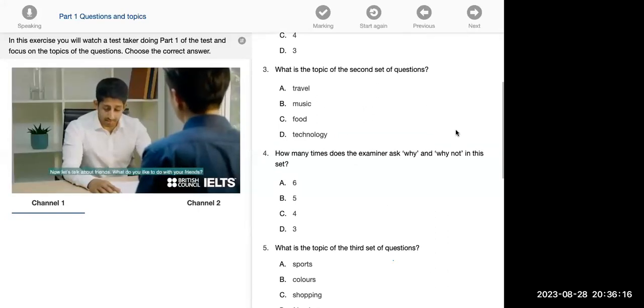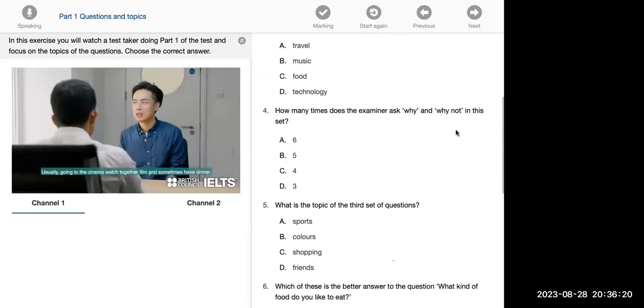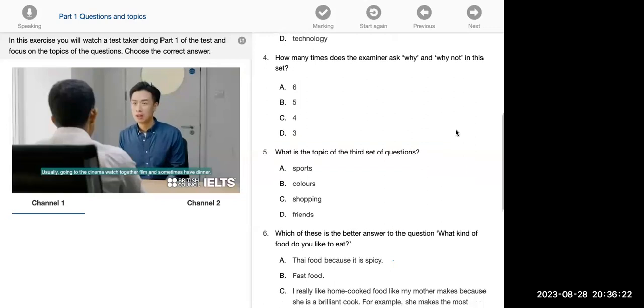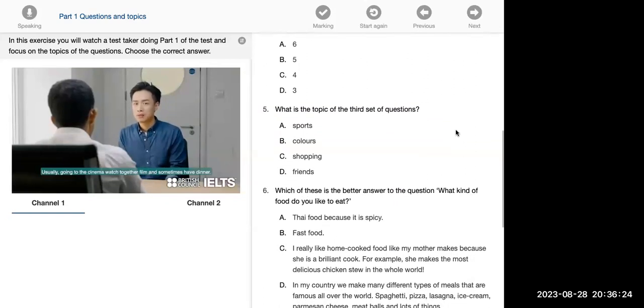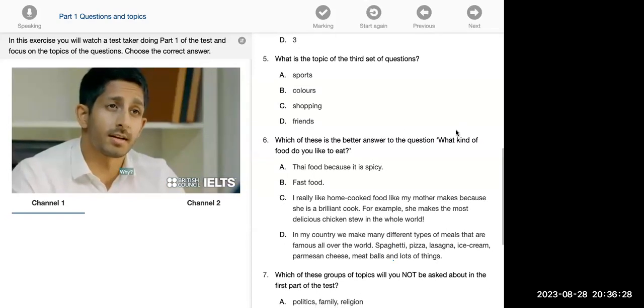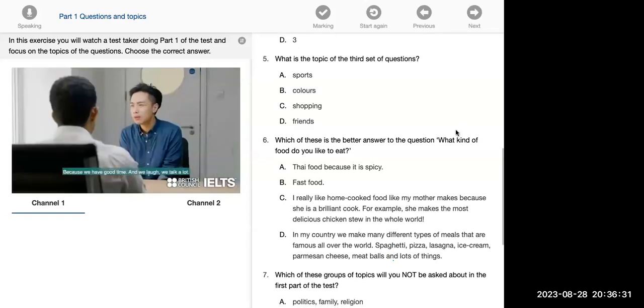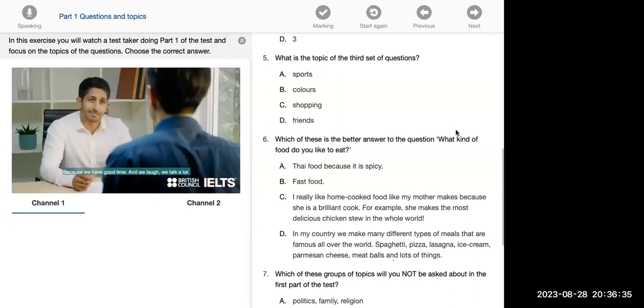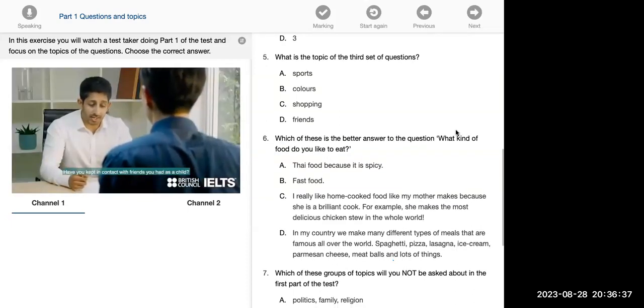Now let's talk about friends. What do you like to do with your friends? Usually going to the cinema and watching films together and sometimes having dinner. Why? Because we have a good time and we laugh, we talk a lot. Have you kept in contact with friends you had as a child?